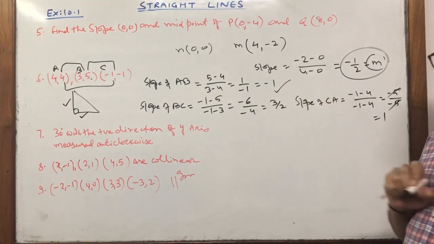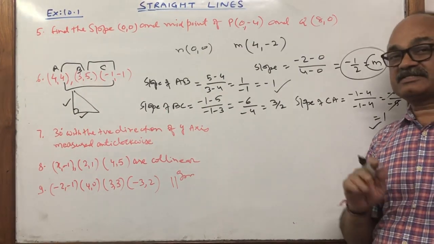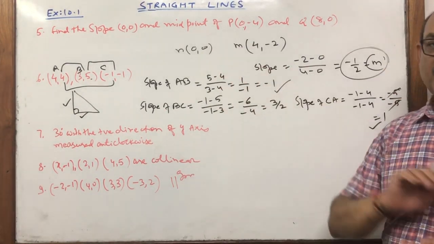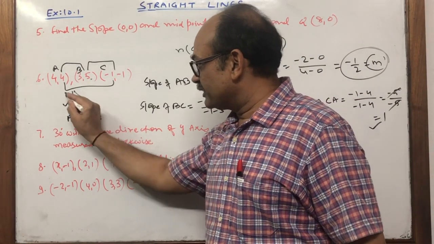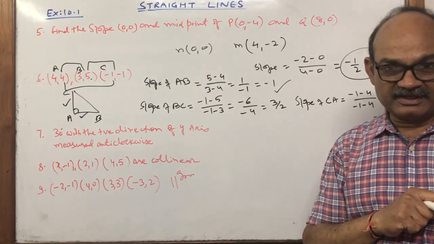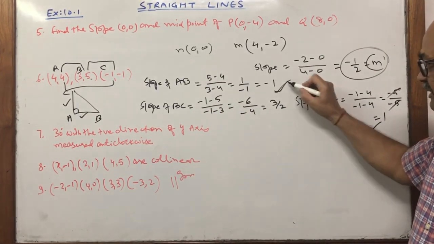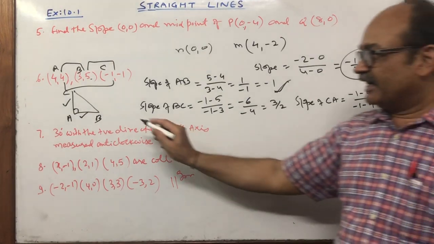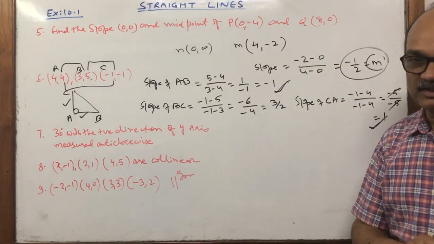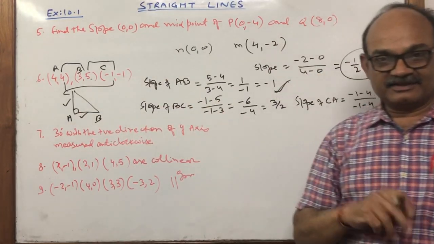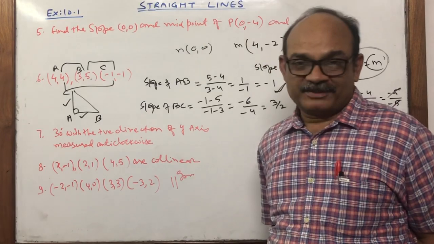Slope of AB is minus 1 and slope of CA is 1. It means AC and AB are perpendicular. It means A is here, so AB and AC are perpendicular lines, and slope of BC is 3 by 2. It is proved that these two lines are perpendicular, and in a triangle, if two lines are perpendicular, it is a right triangle. Clear?